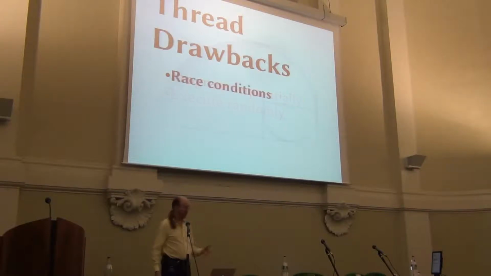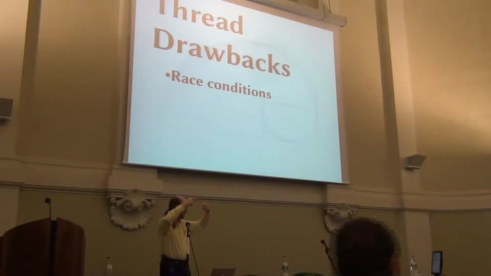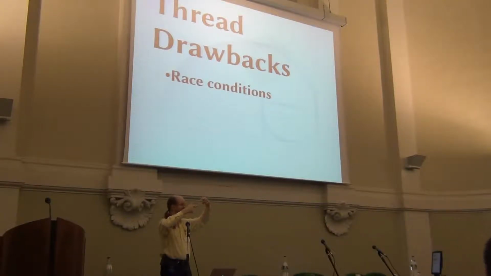So what you end up with is what's called race conditions, which is basically that if this thing happens before this thing in a different thread, then you get one answer from your program. But if it happens the other way, then you get a different answer. Sometimes that answer is program crashing.